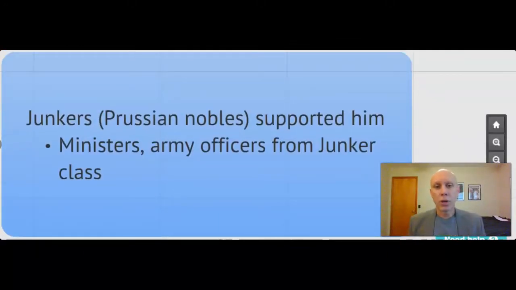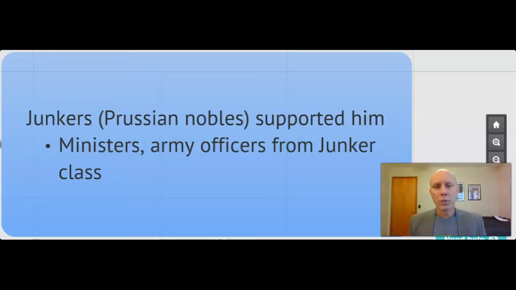One thing that I think is important to note is even though initially the king might not have had majority support, he had some very important strategic support for some of his ambitions. The term up there that looks like Junkers is pronounced Junkers, and what that term represents were Prussian nobles. So people who were of the noble class, people who were kind of a step away from being royal family, generally supported the king and what the king was about.